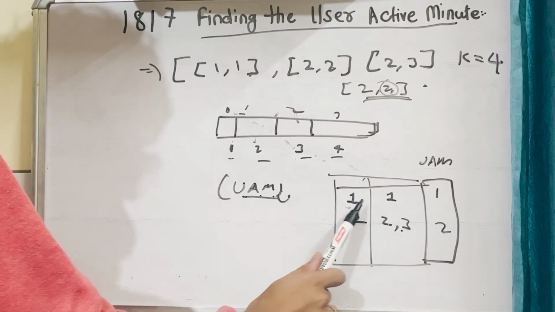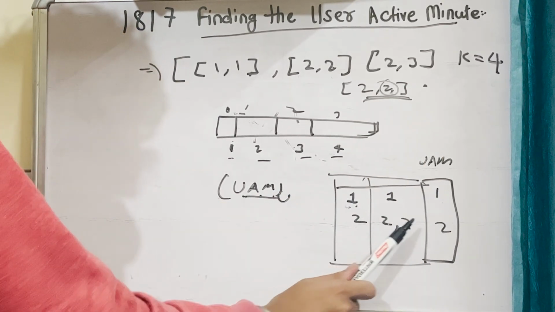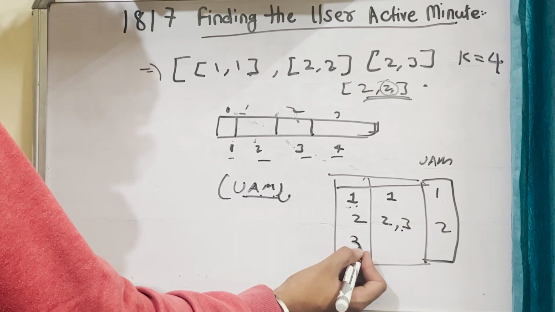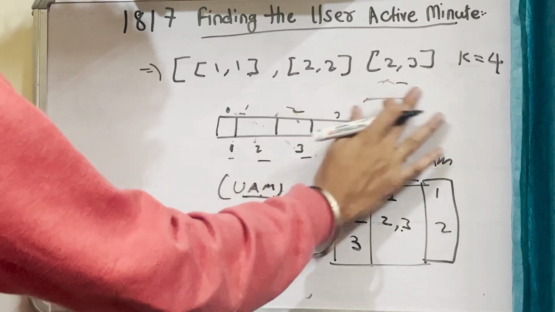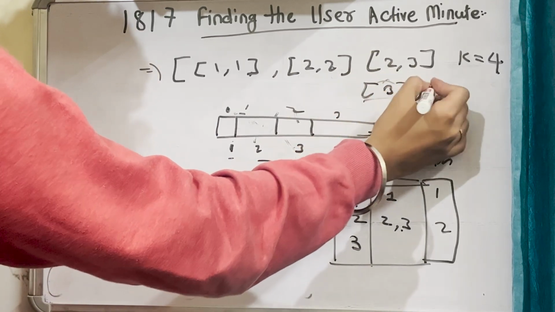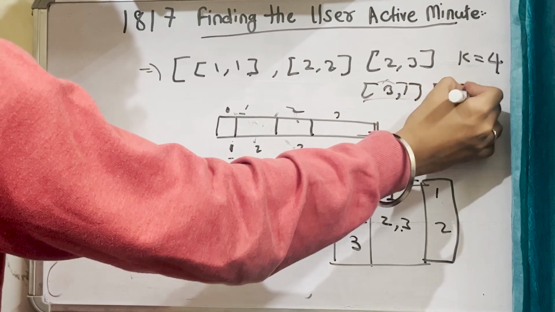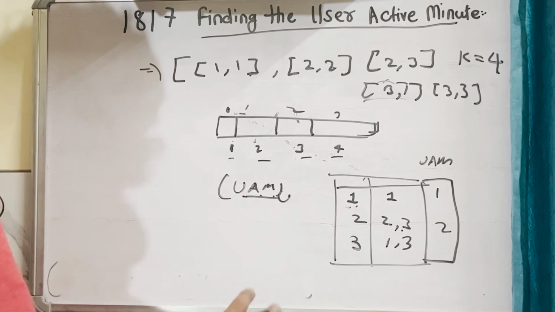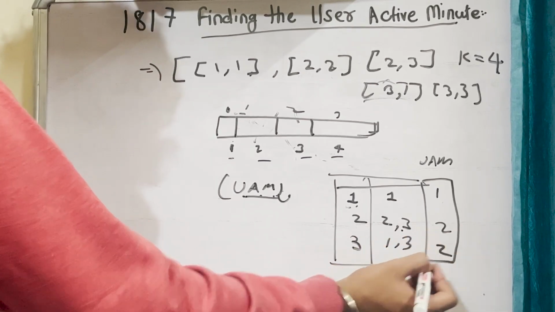User 1 has UAM 1, user 2 has UAM 2. For example, there is another user, user 3, let me write his logs. User 3 is active at minute 1 and also at minute 3, so his UAM will be 2.